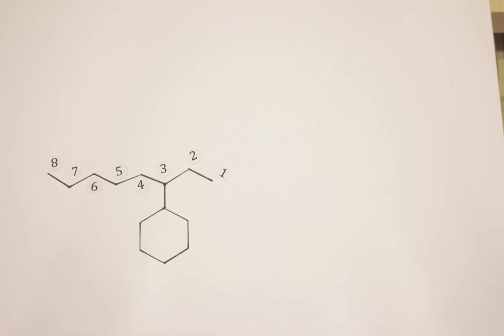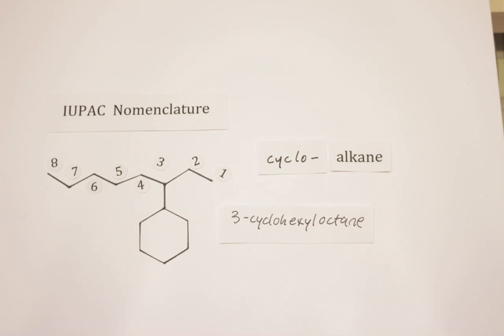And the substituent can come off at either carbon 3 or carbon 6. Clearly carbon 3 is smaller, so 3-cyclohexyl, because it is a 6-carbon cyclic substituent, octane. That is the correct name for this molecule.